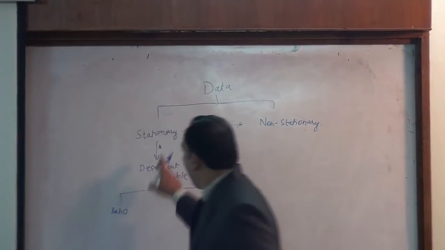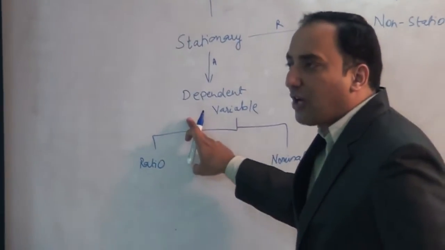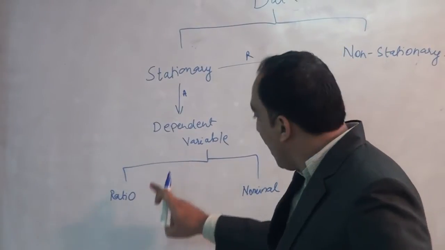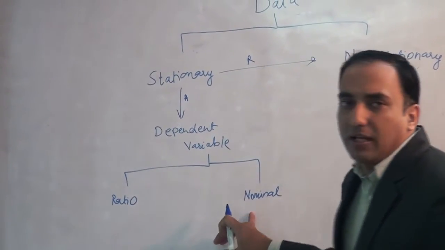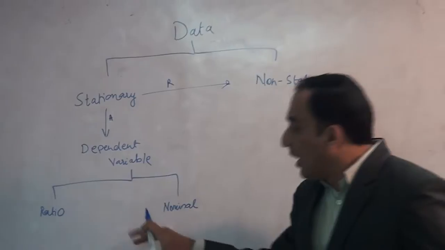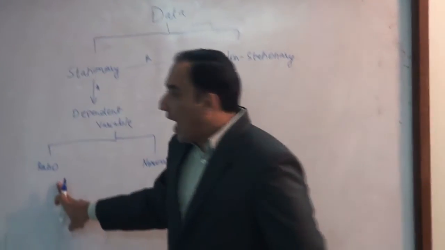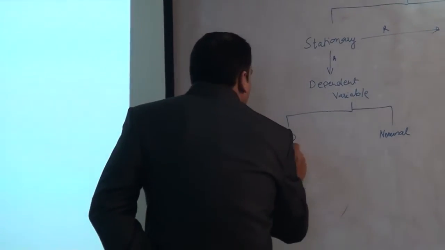Now, first I will test whether my dependent variable is on a ratio scale or a nominal scale. If it is a ratio scale, I can apply any of the techniques.